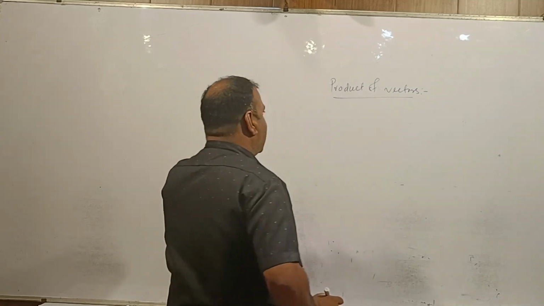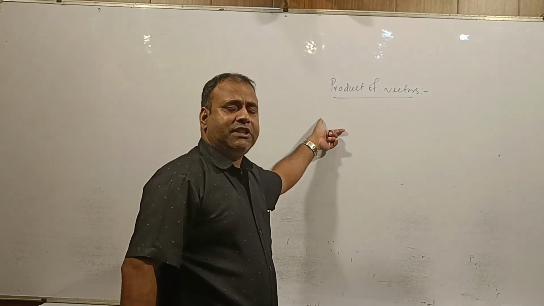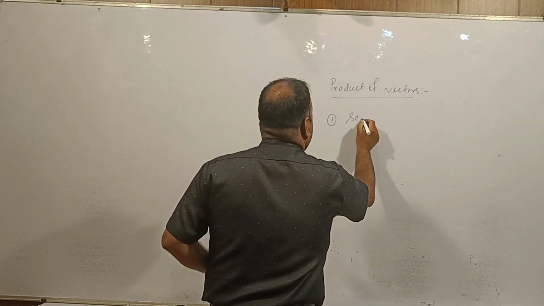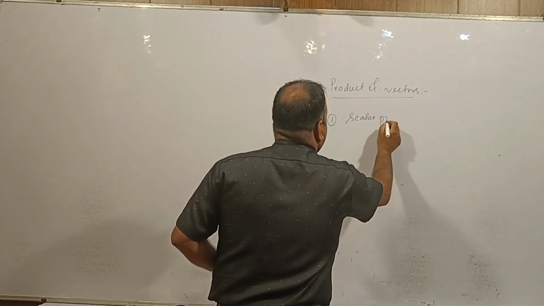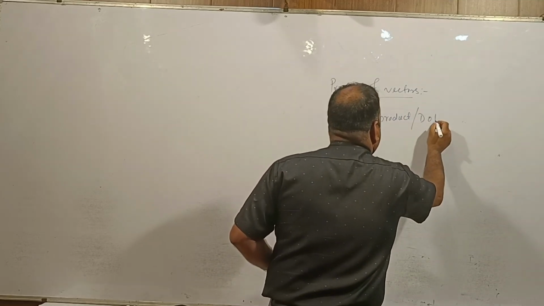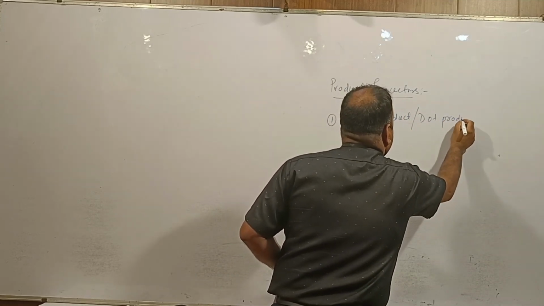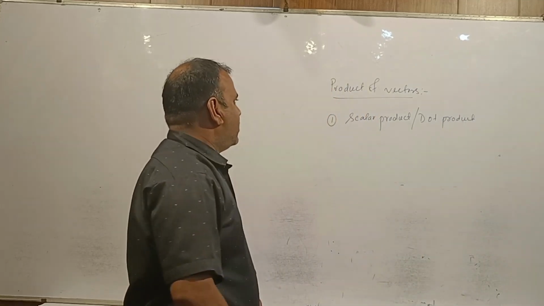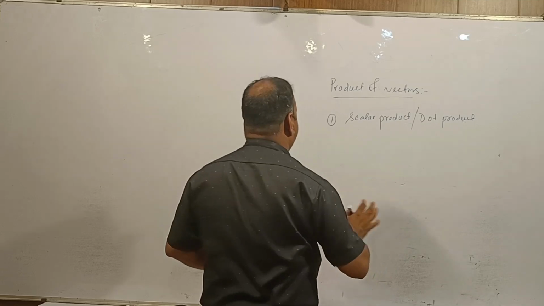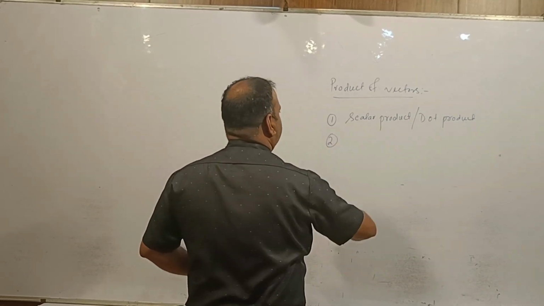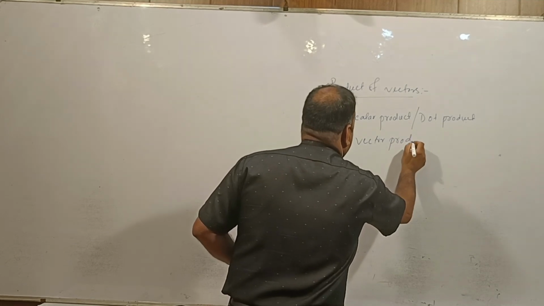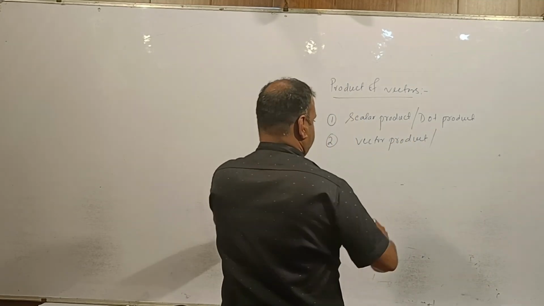Now see, product of vectors is basically of two types. Number one is scalar product or dot product, both represent the same. Number two is vector product or cross product.